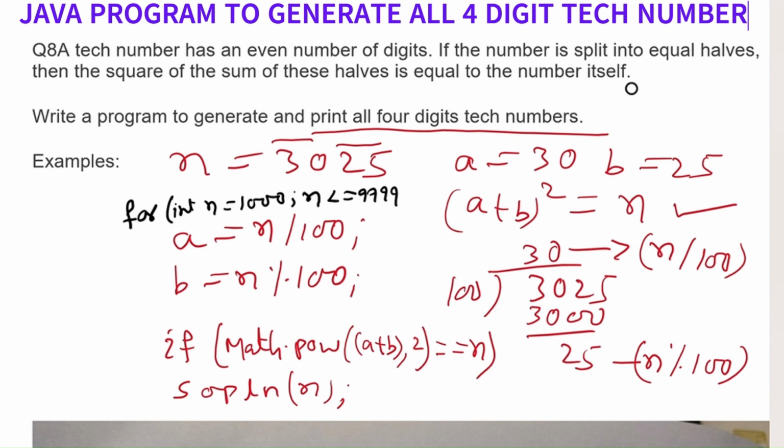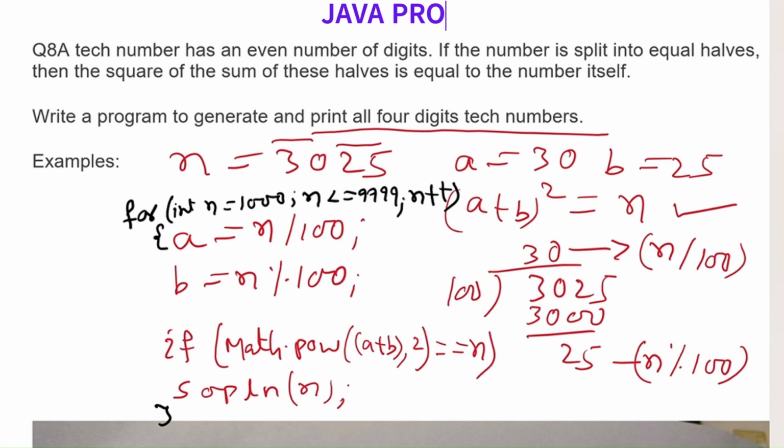This is your 4-digit, greatest 4-digit number is 9999. Then n plus plus. Here curly bracket, here curly bracket close. So this will print all the 4-digit Tek number.